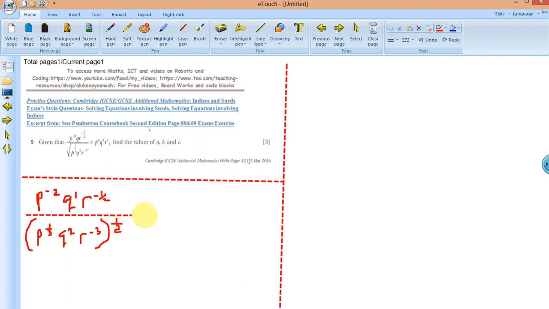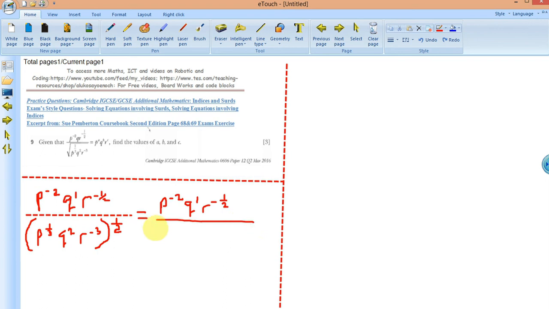So now I can go ahead and use half to open up the brackets. What do you have there? I have p raised to power minus 2, q raised to power 1. I just need to write the index for all, so as to apply my laws of indices.